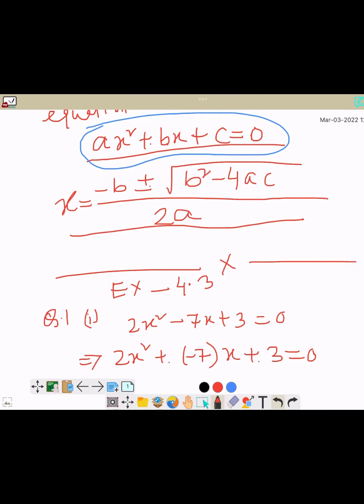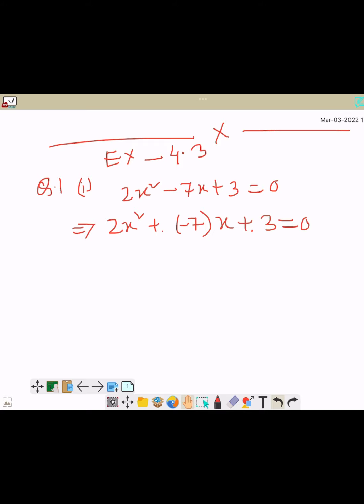Without x is c, so here it is 3. So a is 2, b is equal to minus 7 and c is equal to 3.